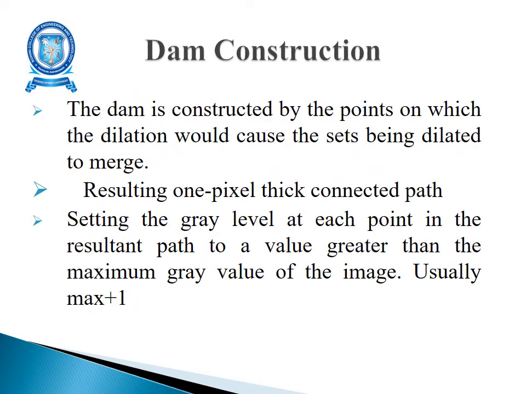Now we construct the dam from the points on which the dilation would cause the sets being dilated to merge, resulting in one pixel thick connected path. Next is setting the gray level at each of these points to be greater than the maximum gray level present within the image, that is usually max plus 1.